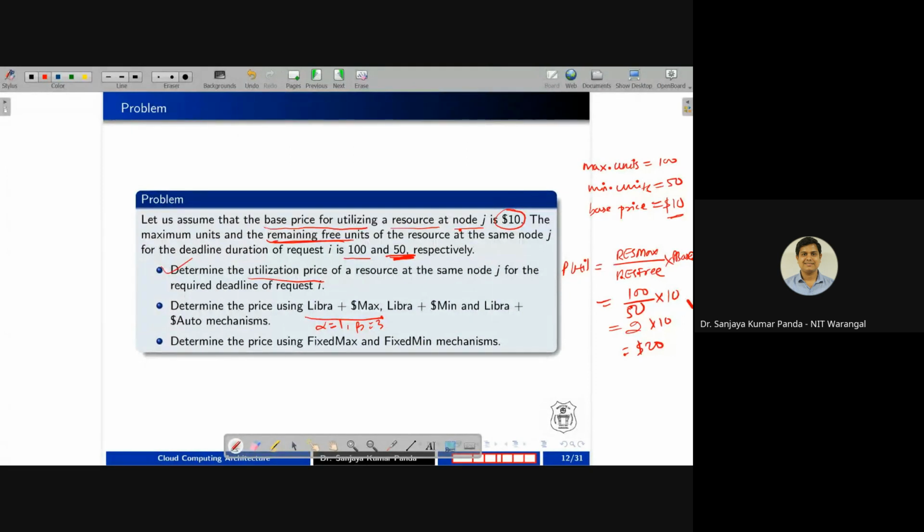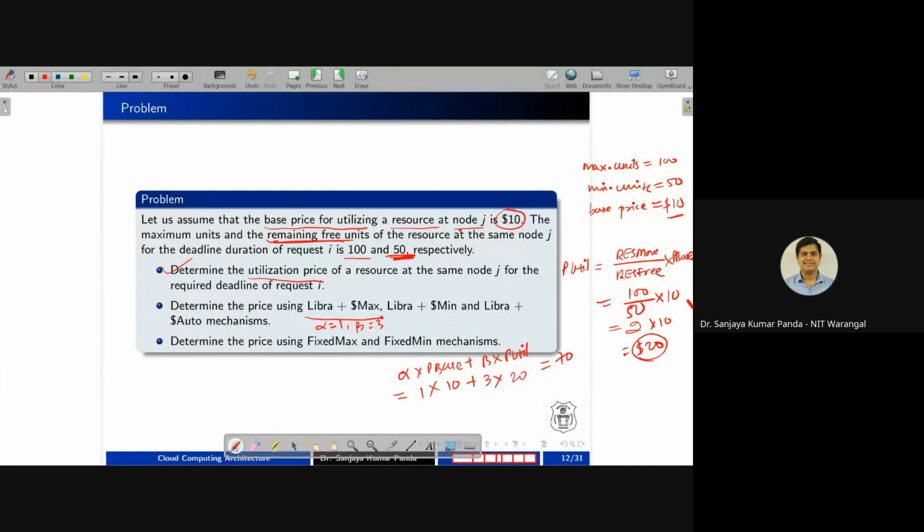So the formula is alpha into P base plus beta into P util, right? The alpha value is 1, the base price you know is 10, beta is 3, and the utilization price you got is 20. So if you calculate this, you get 10 plus 60. So you will get 70.